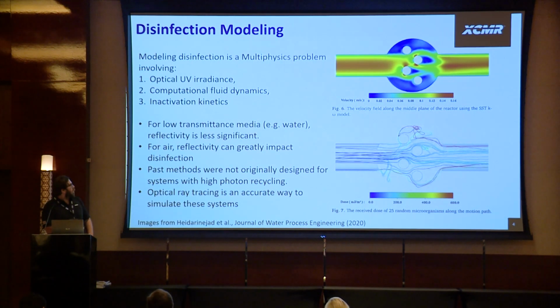This figure comes from a recent paper where they've looked at how the reflectivity of the material, the walls, actually impacts disinfection, and they found that for water in the 78% range, you didn't see any impact. But as you go up to 98% where you have the transmittance of air, you start to see multiple orders of magnitude impact on disinfection.